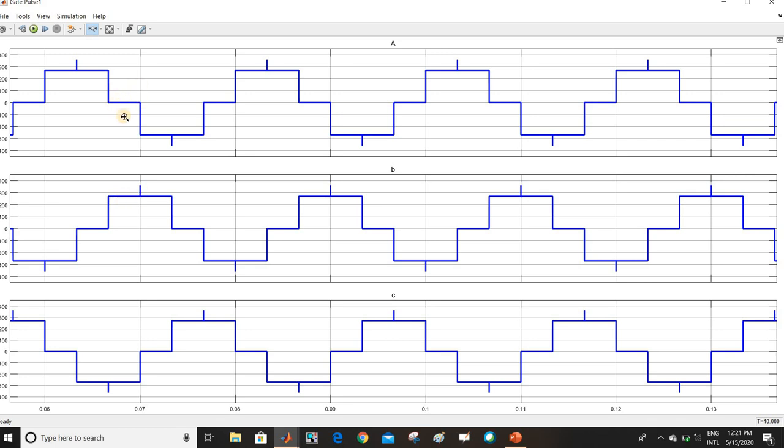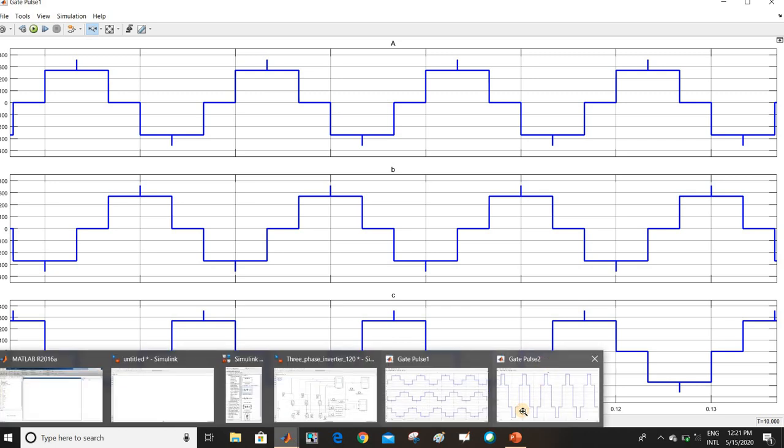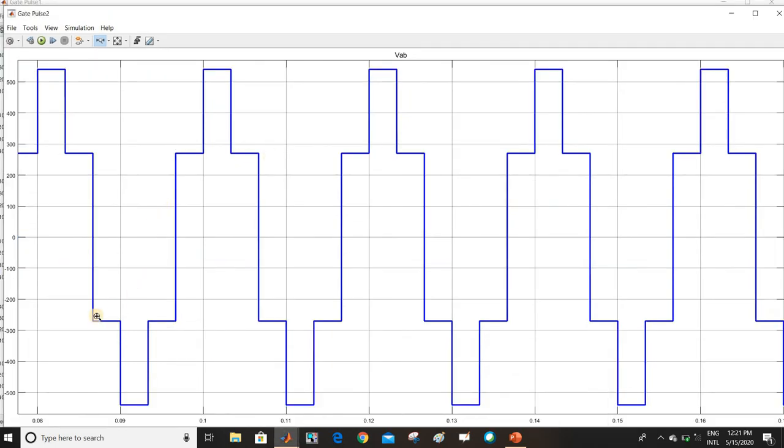So it will be 0 minus 270, VDC by 2. So it is coming minus 270 for 120 to 180. VA minus VB, that means 0 minus 270. So it is coming minus 270. That means next we are getting minus 270 for 120 to 180.